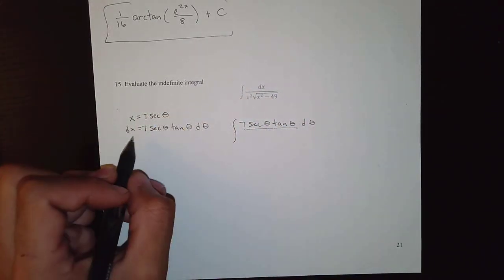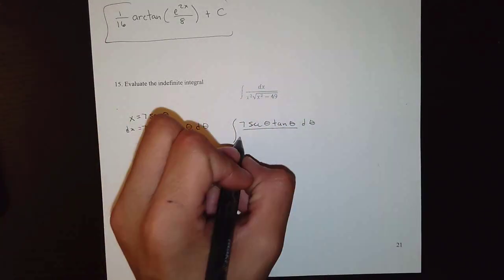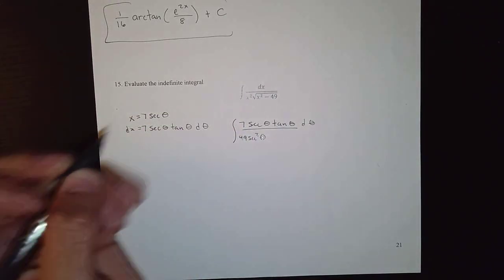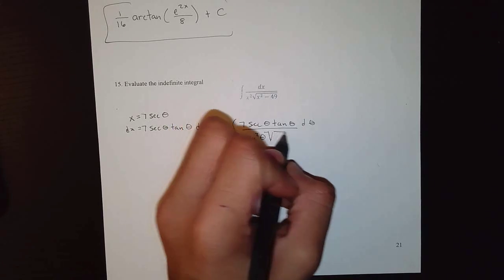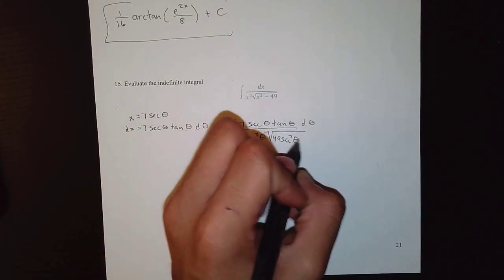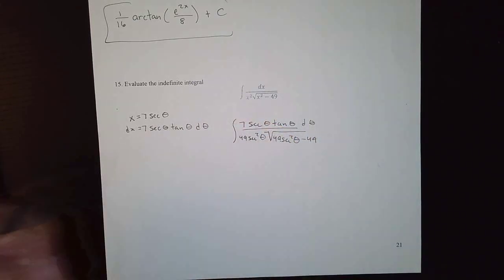And then we have x squared, which is 49 secant squared theta, times the square root of 49 secant squared theta minus 49.